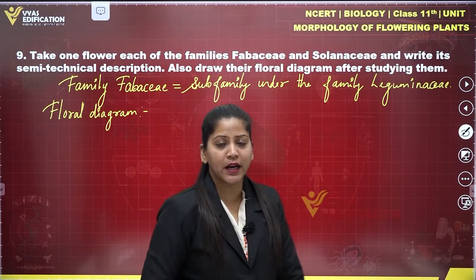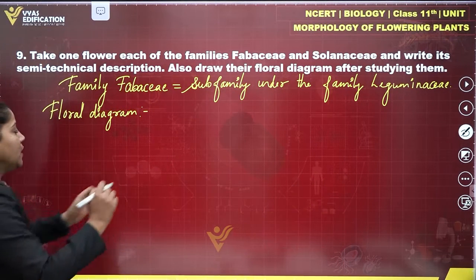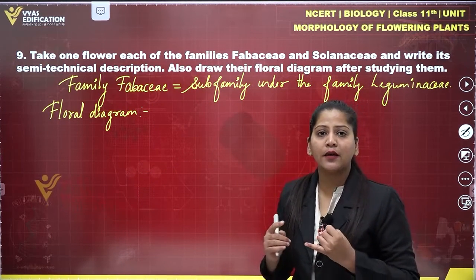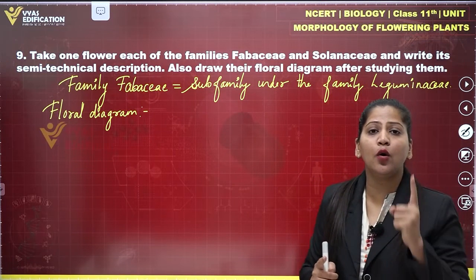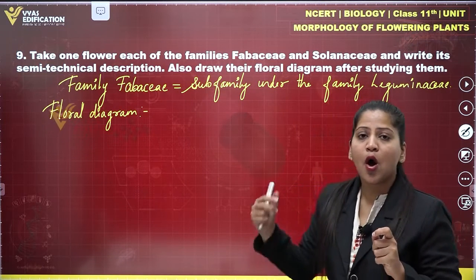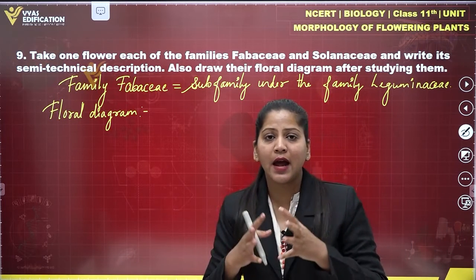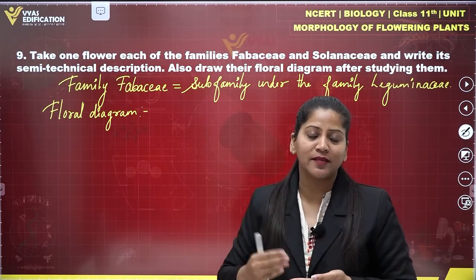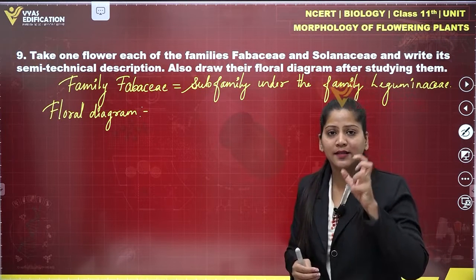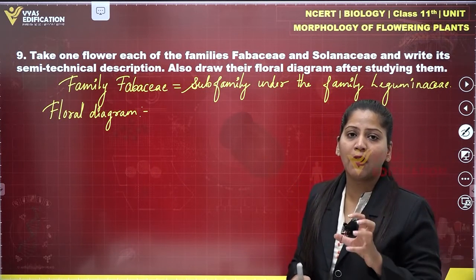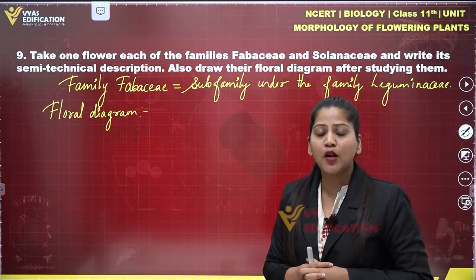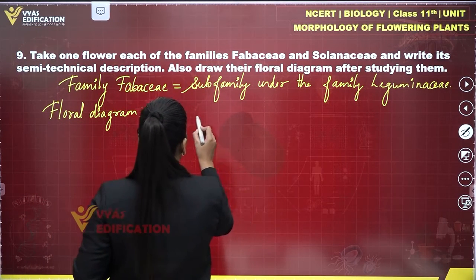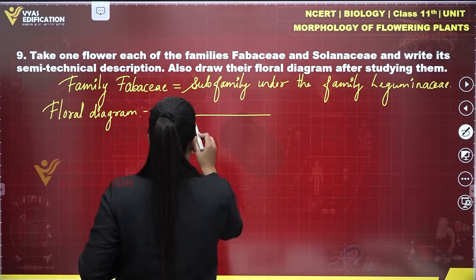Before moving on to the floral diagram of the family Fabaceae, we have to know the flowers present in the plants included in the family Fabaceae are bisexual and zygomorphic flowers. That means the flowers of these plants have two equal halves when divided by only one plane passing through their center. So they are zygomorphic flowers. Also they are bisexual in nature. Now let's draw the floral diagram. So this is the floral diagram.